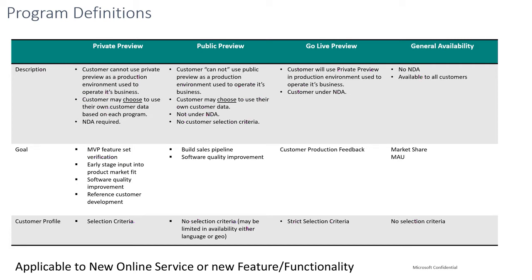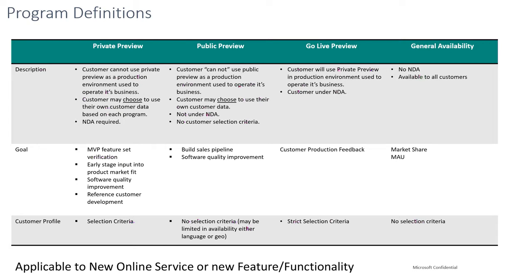Now, for any of these, there could be some additional terms and conditions that we require and ask for customers or partners to sign up for. But when we're talking about a private preview, it's generally that MVP, that very first release that we want to get out to the community so people can start to see what we're doing and what are our ideas.